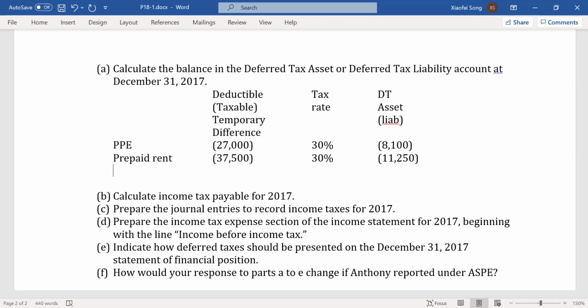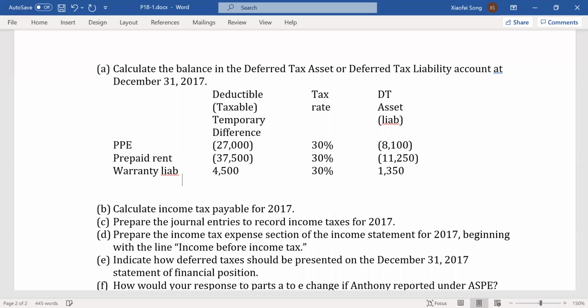The third item is warranty liability. We carry 4,500. That gives us a deductible difference of 4,500. At a 30% tax rate, that gives a deferred tax asset of 1,350.